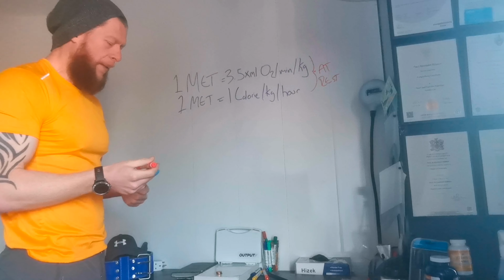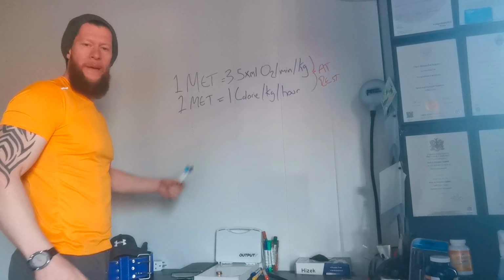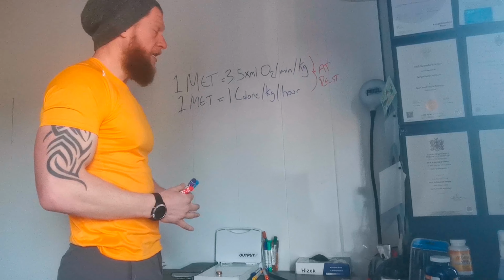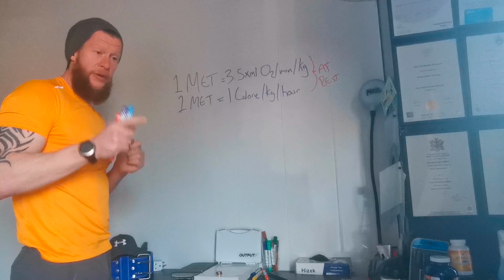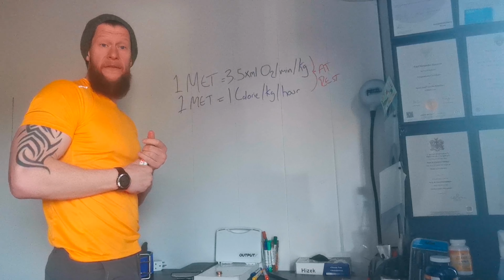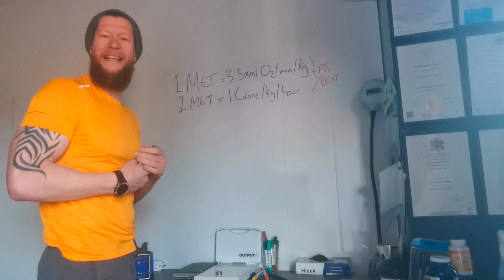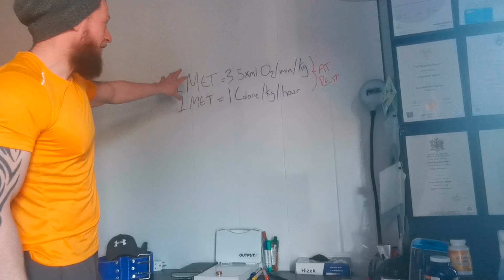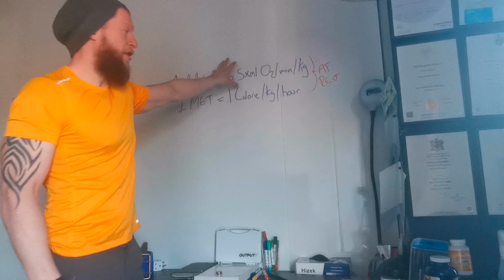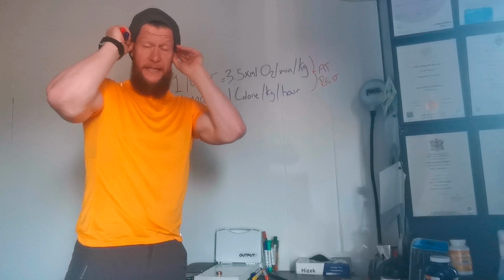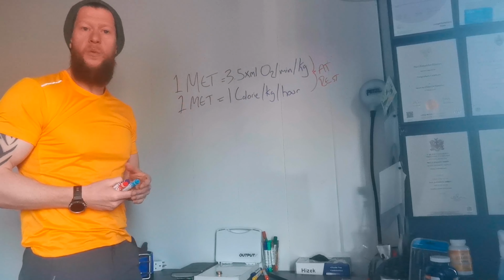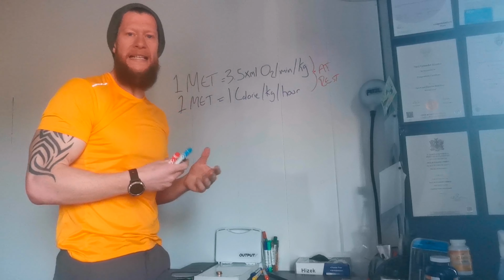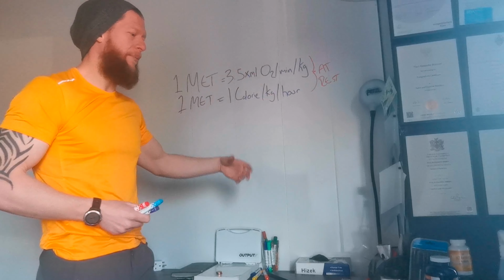Now, what happens if we go to a 3 MET activity or a 4 MET activity? How do we know this? Well, in the description, I've put a link to what is called a physical activity compendium. What they've done is measured the oxygen demand of loads of different activities, everything from doing housework to running at high intensities, to cycling, to swimming, to rock climbing.